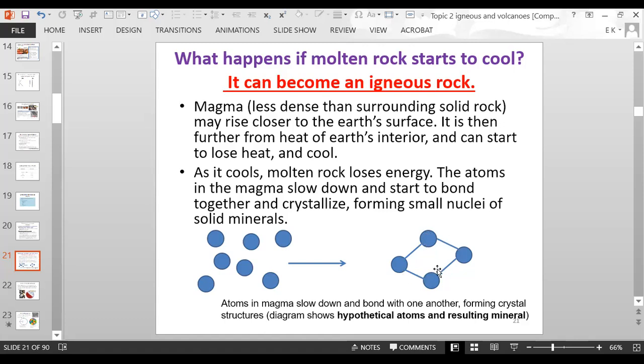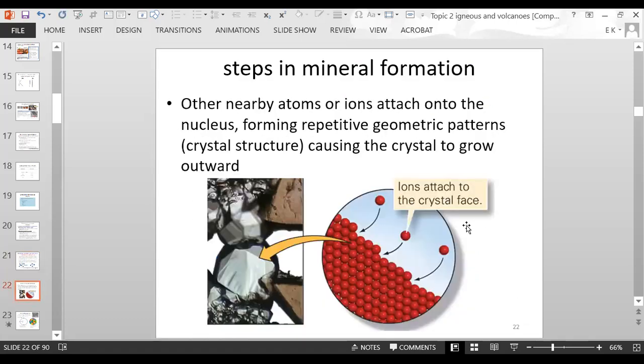So once you have one crystal that forms, the rest of the atoms are going to start to bond onto that crystal that formed. So we call this a nucleus. It's a nucleus, but plural, it's nuclei, more than one. So I'll show you how that works.